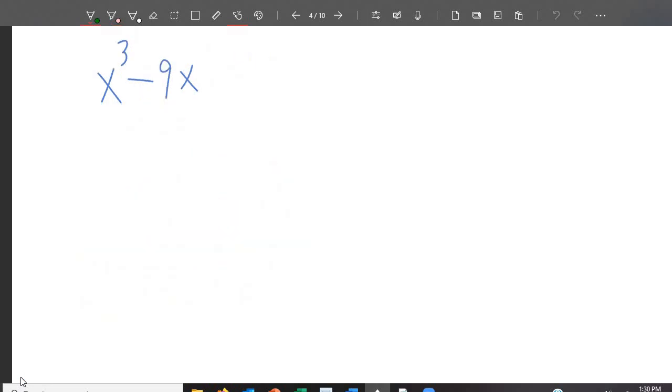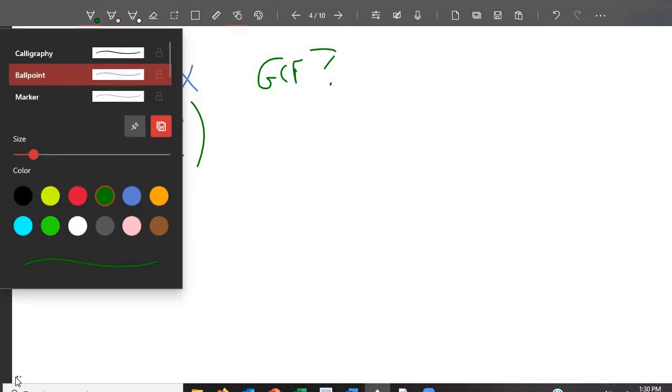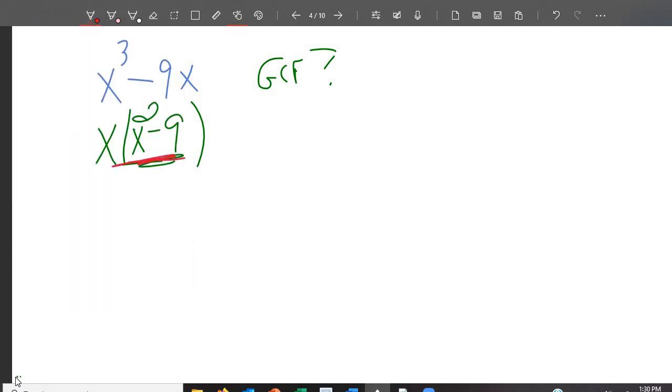Let's look at this one. GCF. Does it have a GCF? Well, notice they both have x's, so we can factor out one of the x's. That's the GCF. Then we look at this to see if we could possibly factor this.